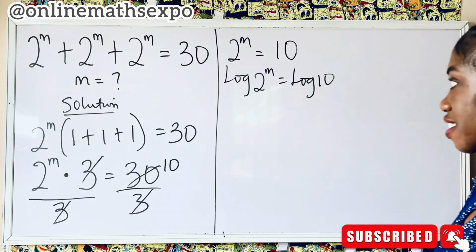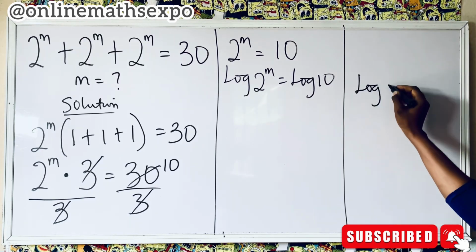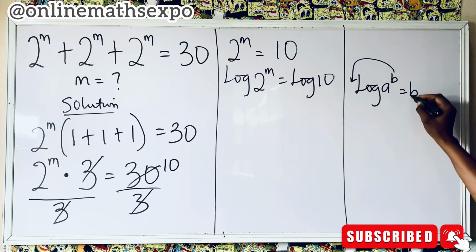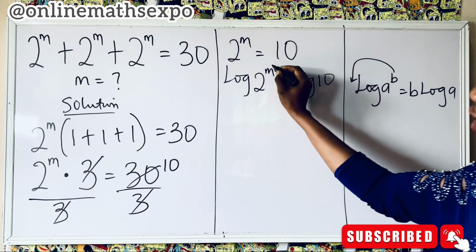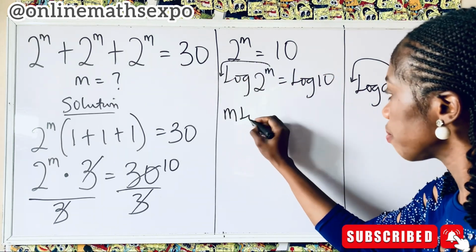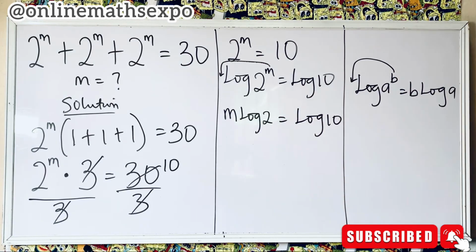Now what do you do next? Remind yourself of this rule of logarithm, which says that log a to the power of b, usually you use the power to multiply. This is what you have, okay? So in this case, we are going to use this power to multiply the log to have m log 2 is equal to log 10.